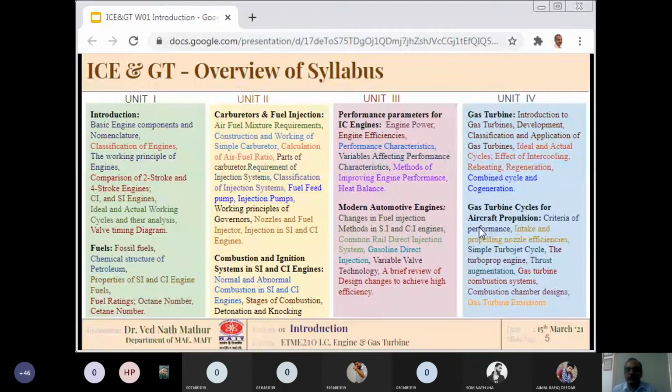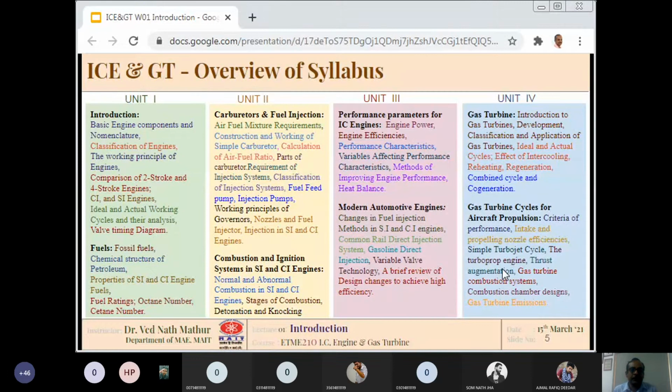Then we'll discuss gas turbine cycles for aircraft propulsion: the criteria of performance, intake and propelling nozzle efficiencies, simple turbojet cycles, turboprop engines, thrust augmentation, gas turbine combustion systems, combustion chamber design, and gas turbine emissions.